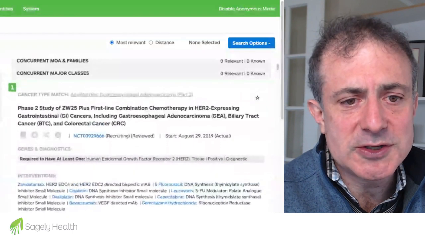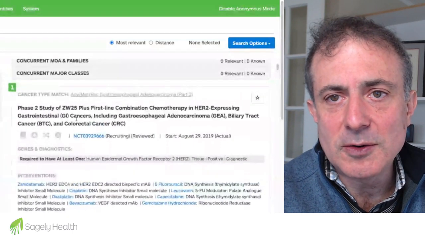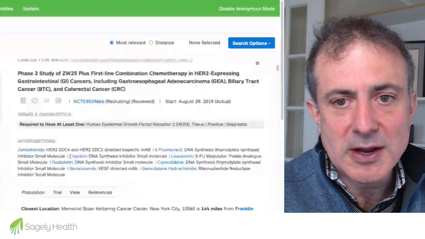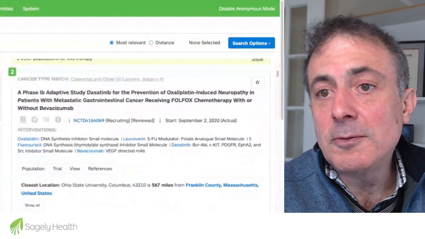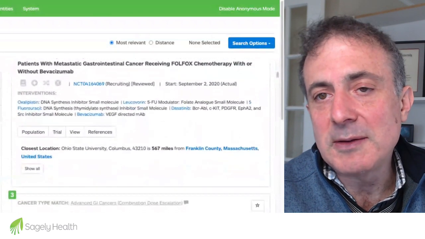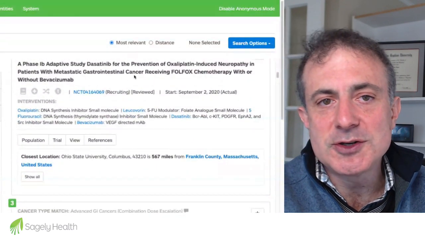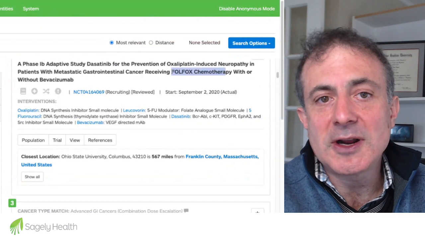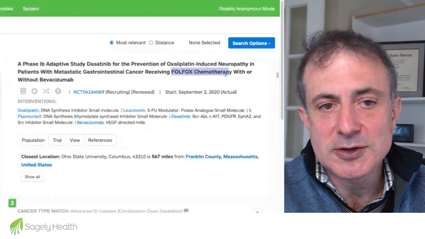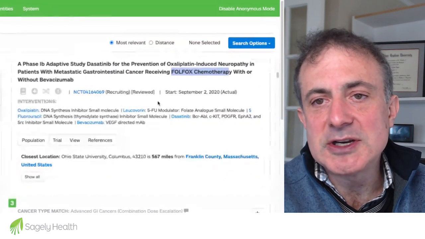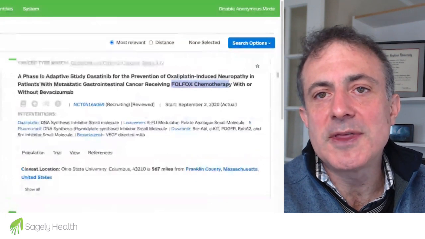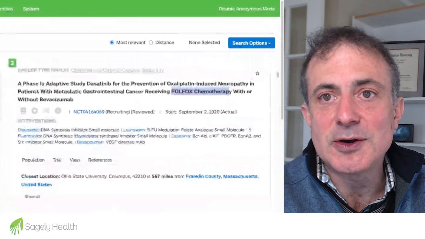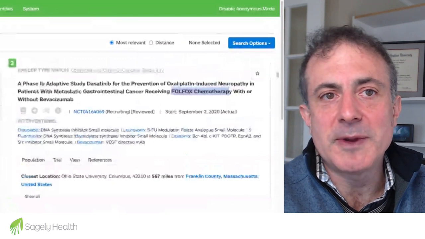So now, looking at what's going on out there, we can sort this by most relevant. And remember, we'll make sure she's been tested for HER2, because there are targeted therapies going against HER2. In addition, here is a trial that is adding something to that standard FOLFOX chemotherapy.